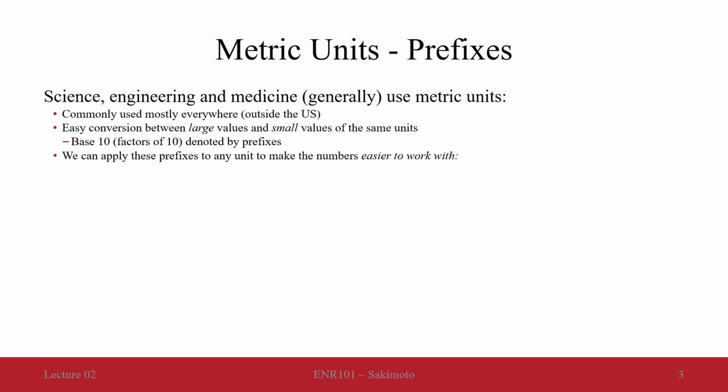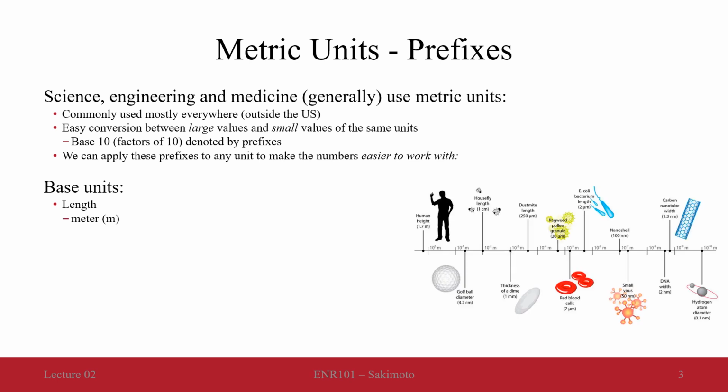Generally, we can apply these prefixes to really any of the metric units that we measure, most of the common variables and physical quantities we deal with in engineering. We have a lot of different base units, including things like length, which we usually measure by the meter. By using these metric prefixes, we can build an intuition for the different length scales of the physical things we are likely to encounter.